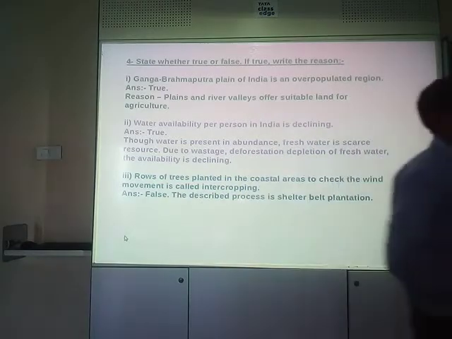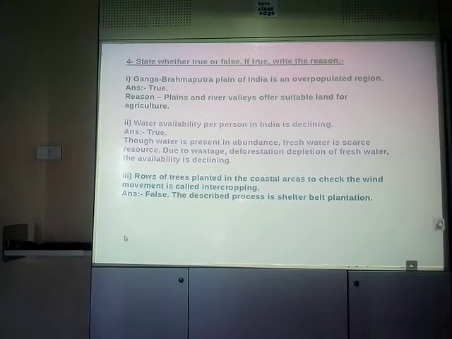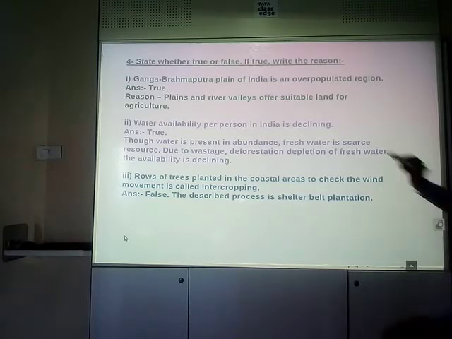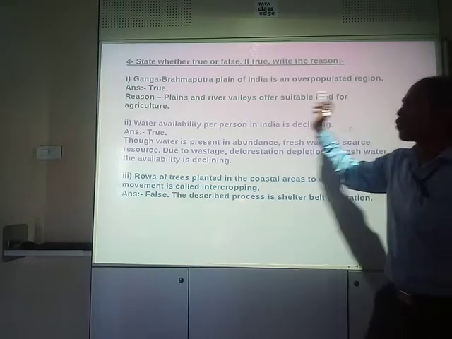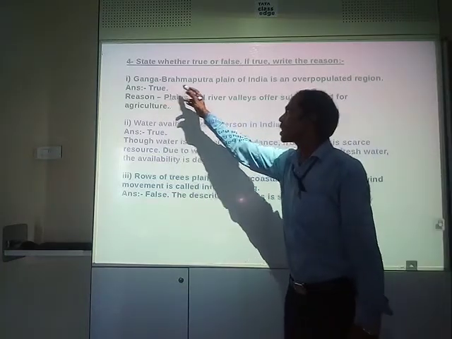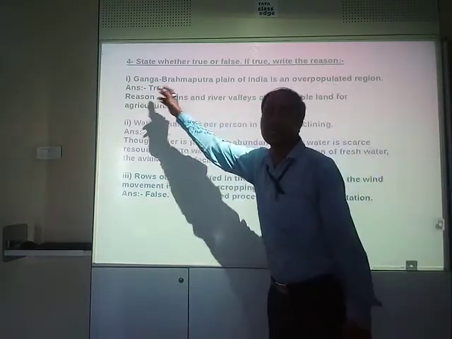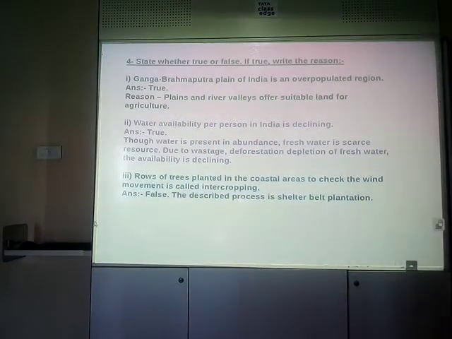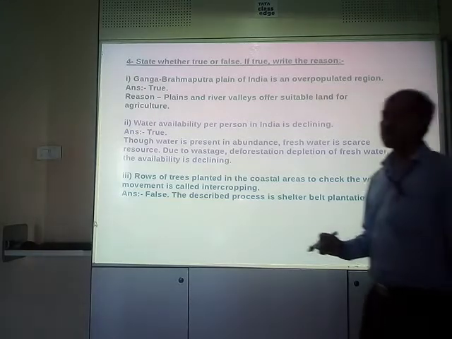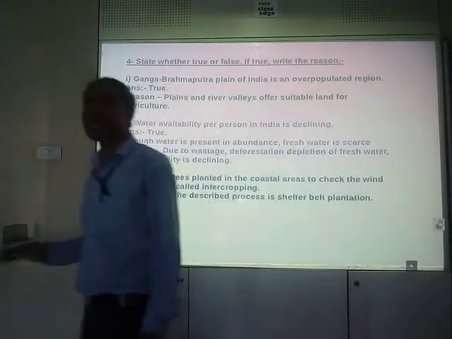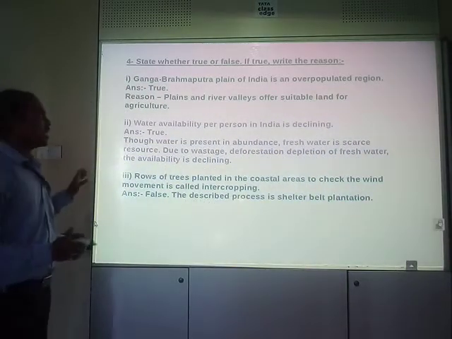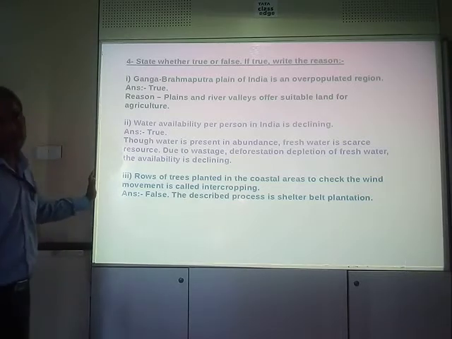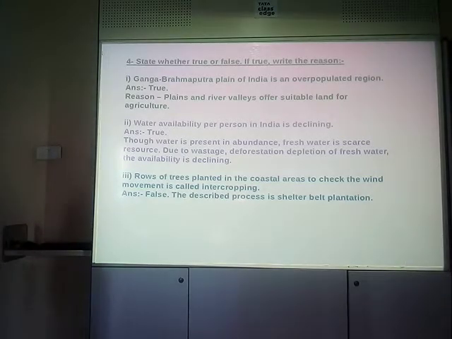This is the accurate reason why this area is overpopulated, simply because plains offer suitable land for agriculture. That's why most of the people are staying in that area. Clear? I don't think there will be any problem with this question.